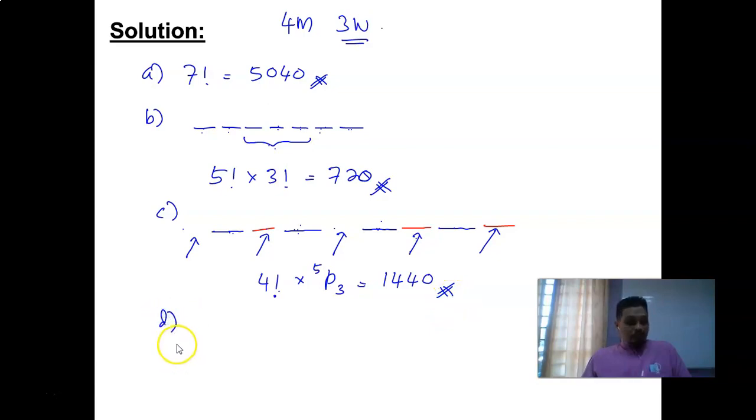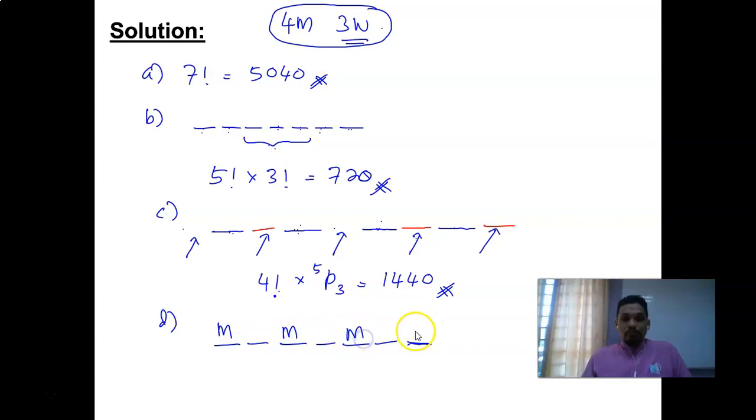Then D, the male and female cadets sit at alternate places. Alternate places, because we have 4 men and 3 women, so just imagine that we arrange 7 seats, 1, 2, 3, 4, 5, 6, 7. According to the numbers here, 4 men and 3 women, we restrict that it must begin with a man and end with a man too.